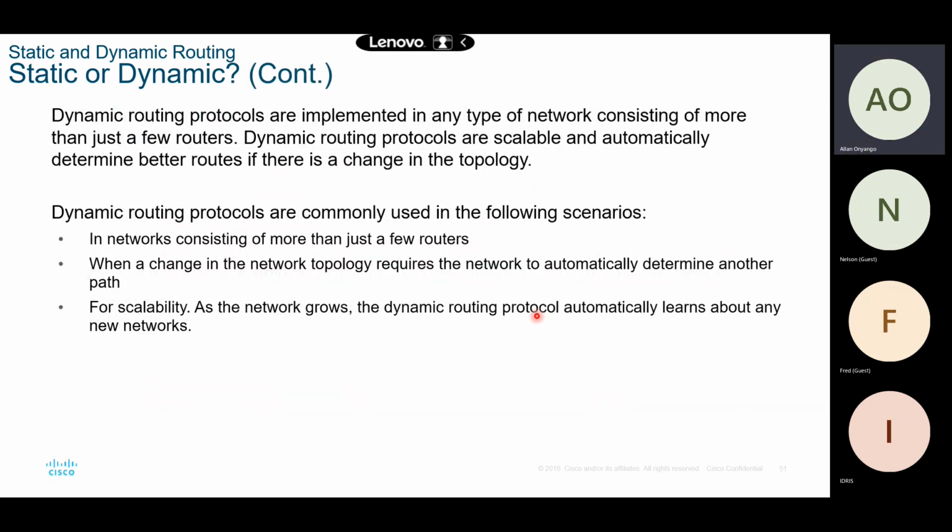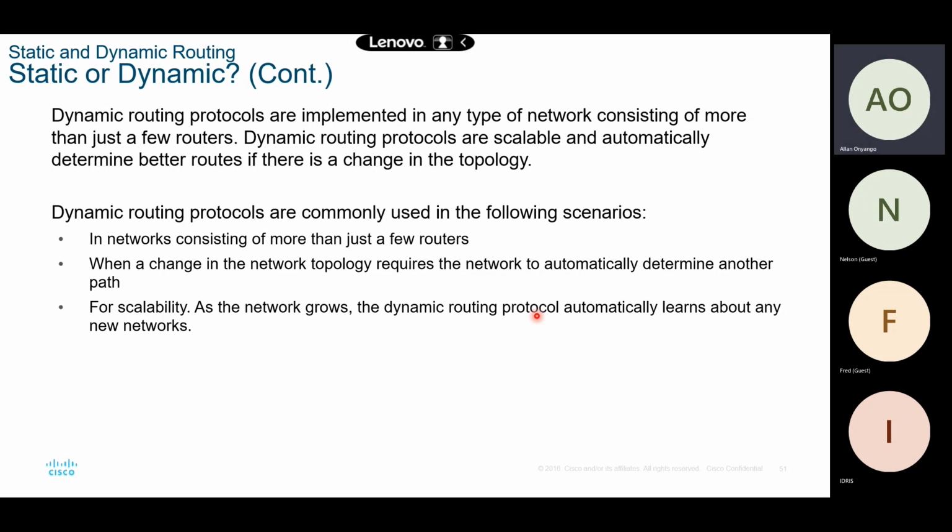If you compare that with dynamic routes, they are preferred on networks with more than just a few routers, that is, several of them. When a change in the network diagram requires the network to automatically determine another path, that is when you might need dynamic routing. It is very scalable.